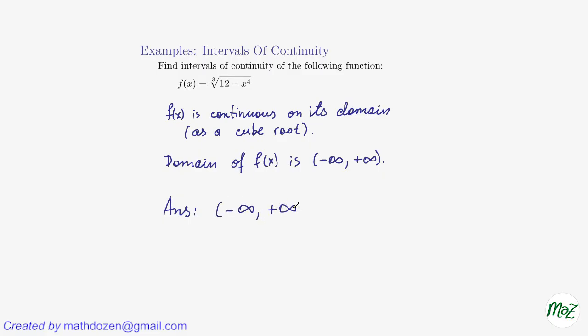On to the next example. We want to find intervals of continuity of this function, f of x being square root of 11 minus 5x. That's again a root of some expression, so this function will be continuous on its domain.